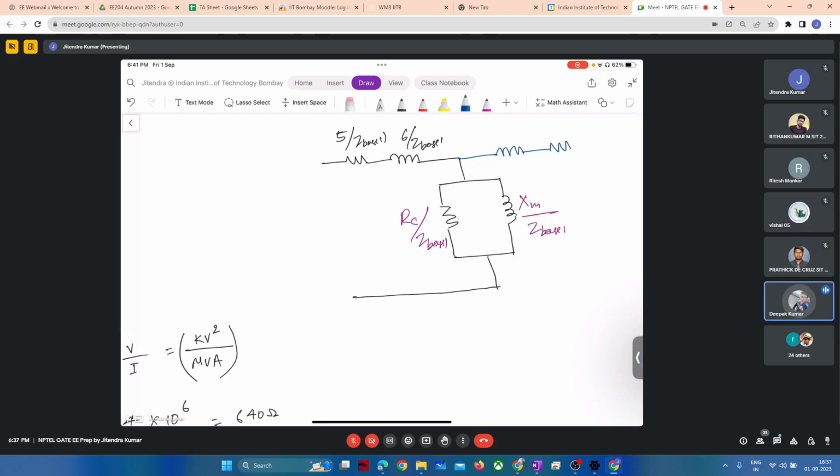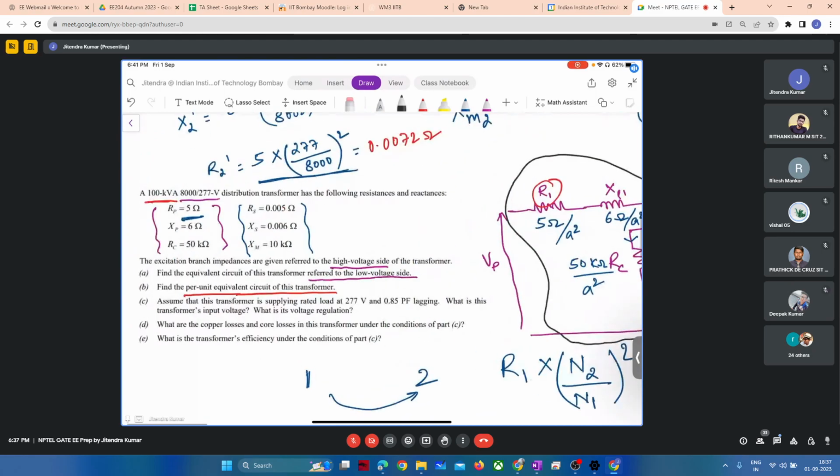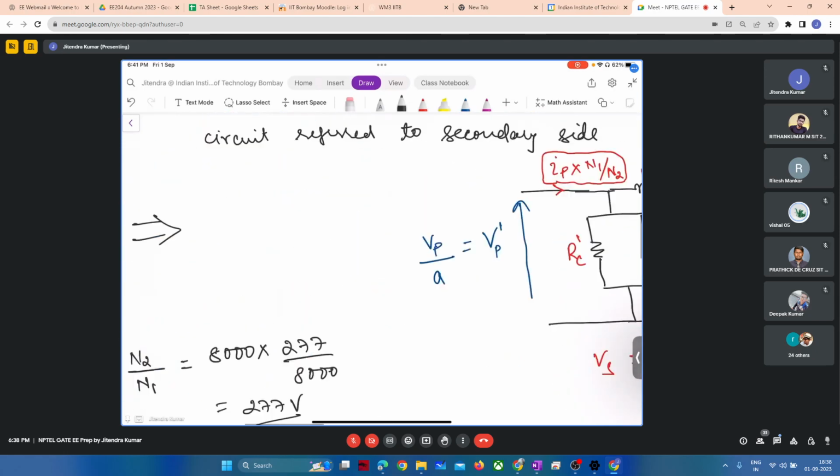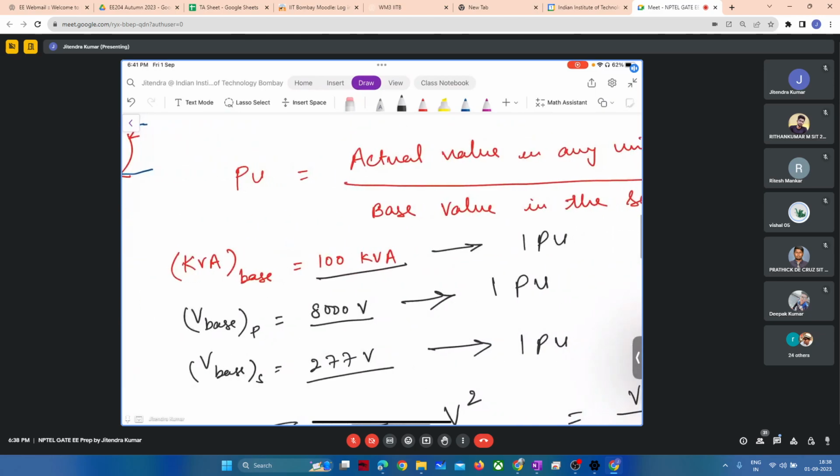Sir, what are we doing here? We are drawing the equivalent circuit in per unit. Okay. The B part asked to find the per unit equivalent circuit of this transformer. There are various ways, but we followed one way in which we have to deal with only impedances.